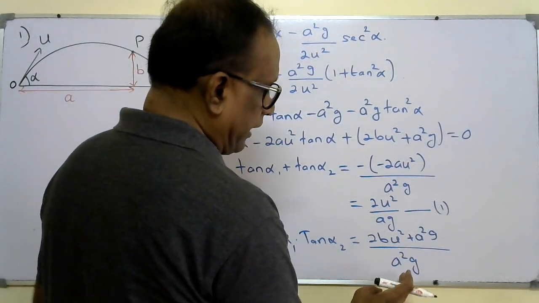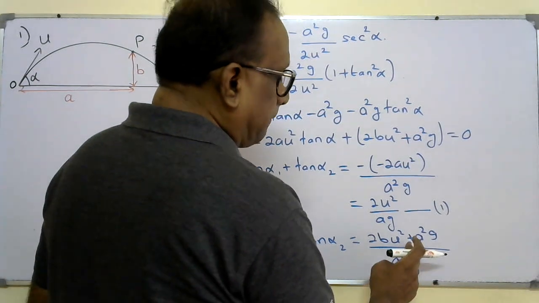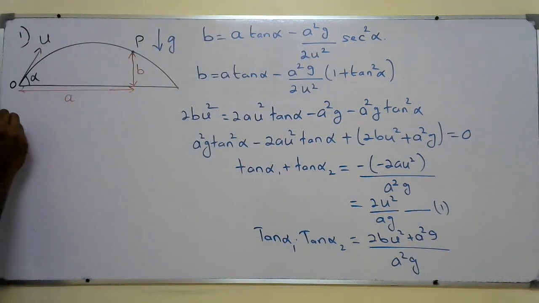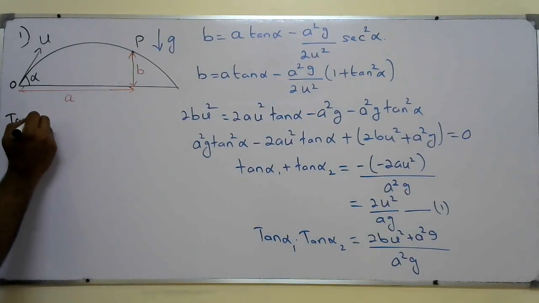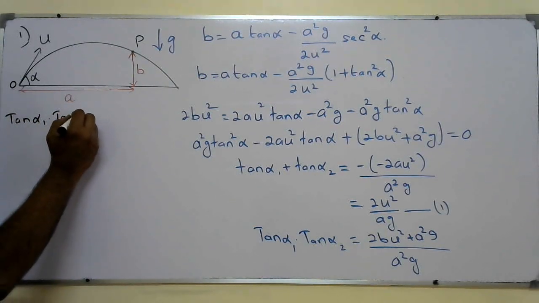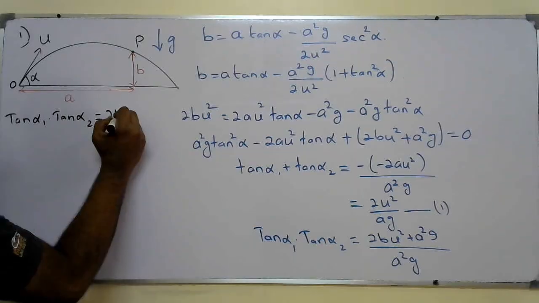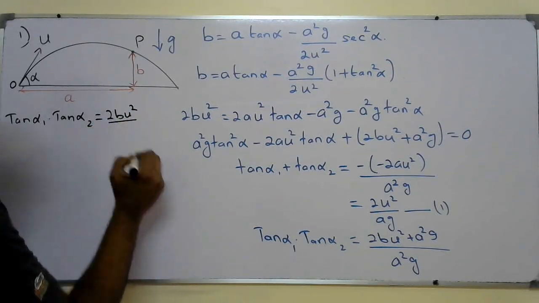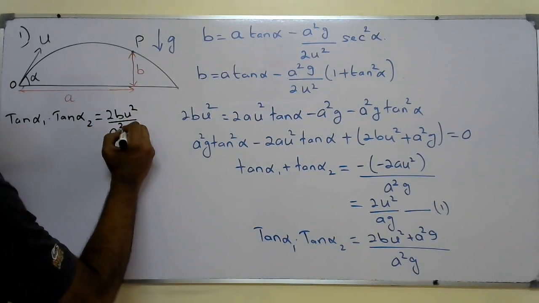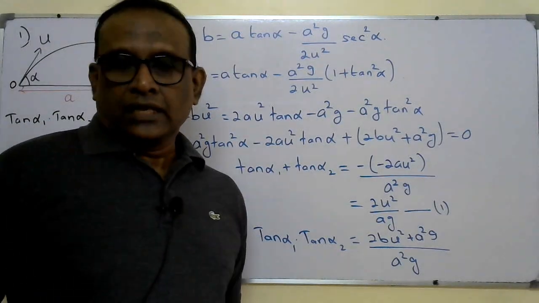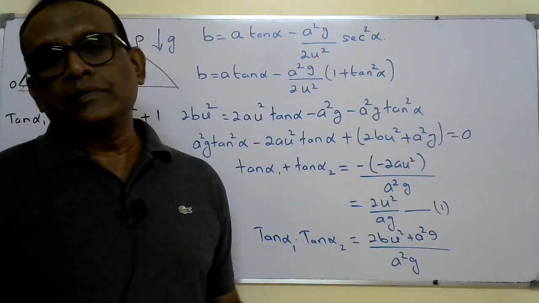So 2bu squared over a squared g plus a squared g over a squared g, that will be 1. So tan alpha 1 into tan alpha 2 equals 2bu squared over a squared g plus 1.